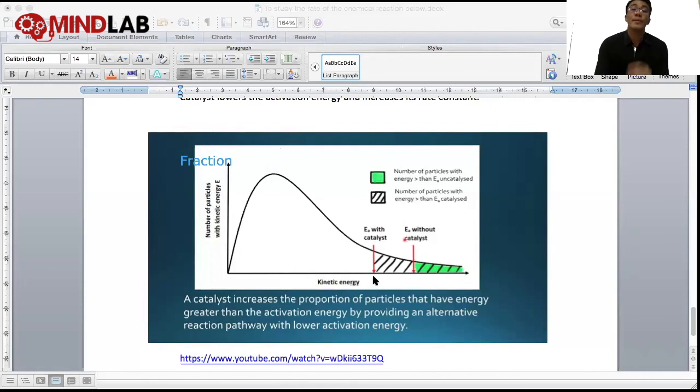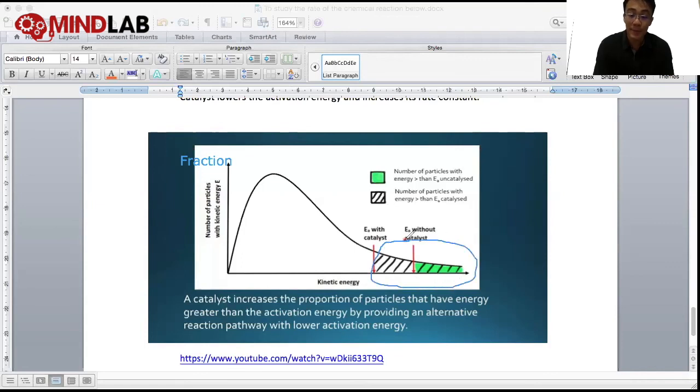Now let's look at the catalyst. We have known that catalyst lowers the activation energy, so the red line has been shifted to the left. That also means the area has increased. The area represents the number of particles, so by shifting left, we can conclude that we have a bigger area.